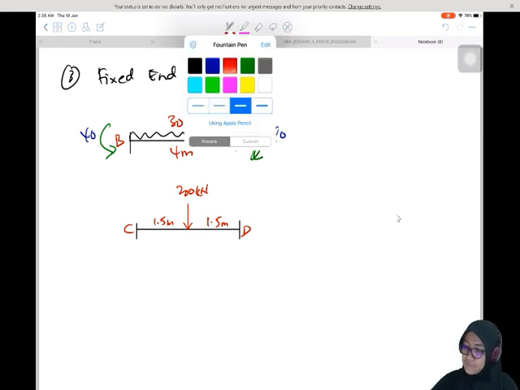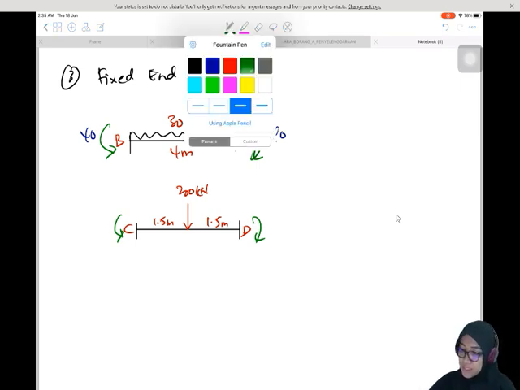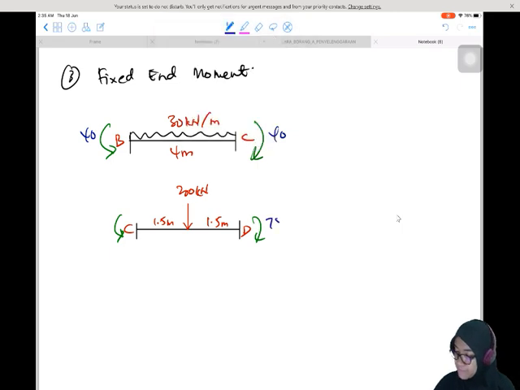So the fixed end moment acts like this. Okay, we use the formula PL over 8. P is 200, L is 3 meter, PL over 8, this is equal to 75. This is the fixed end moment.